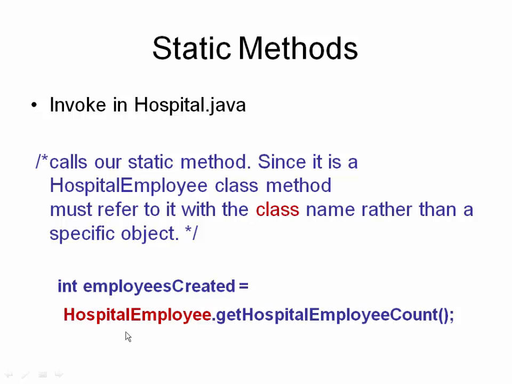But what's interesting is that since this is a static method, it must be referred to with the class name. That's why I've got HospitalEmployee here rather than worker or worker1. This is a class method. And in our case, if we created worker1 and worker, we would hope that that would return the value 2.